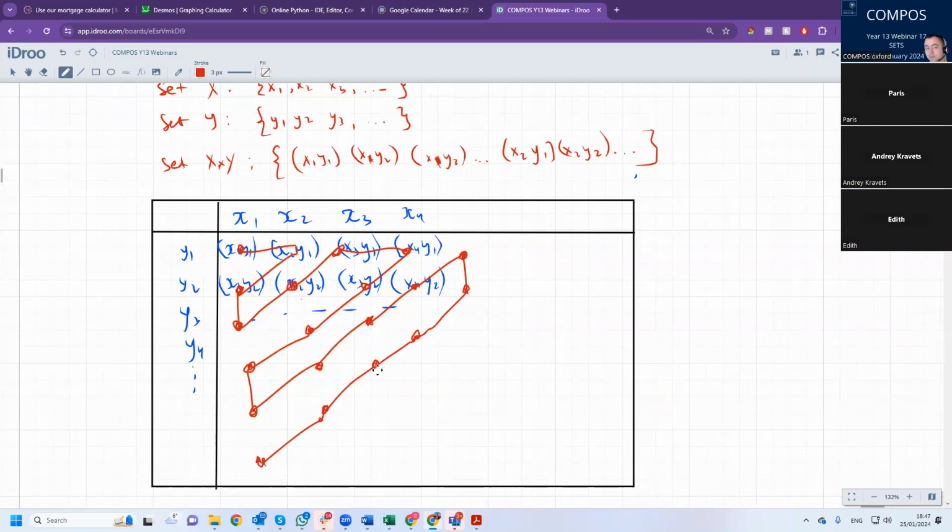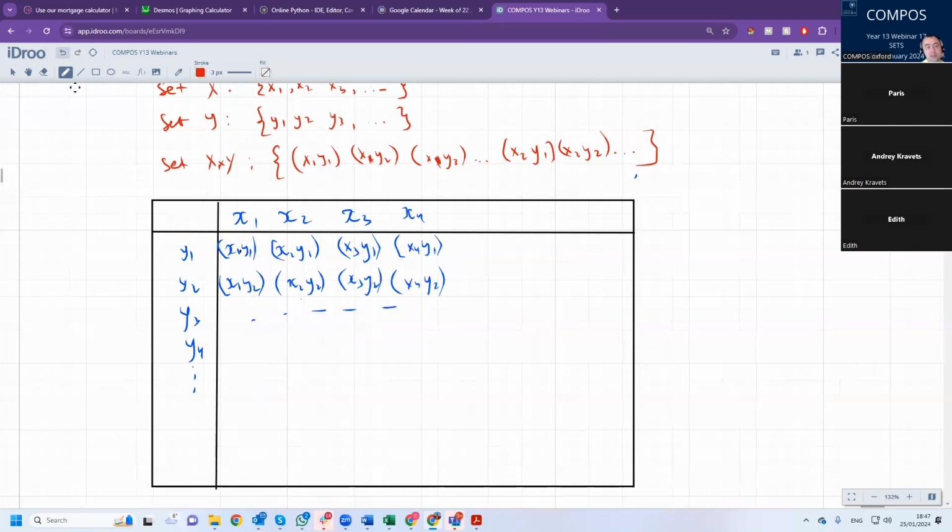Whichever way you choose, basically you can go. I prefer the web. I prefer this method: 1, 2, 3, 4, and so on. So you can enumerate them.